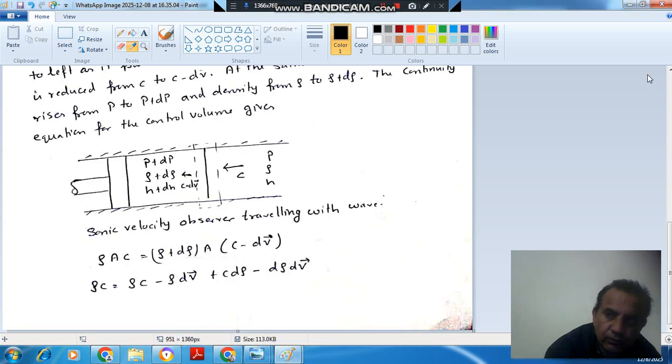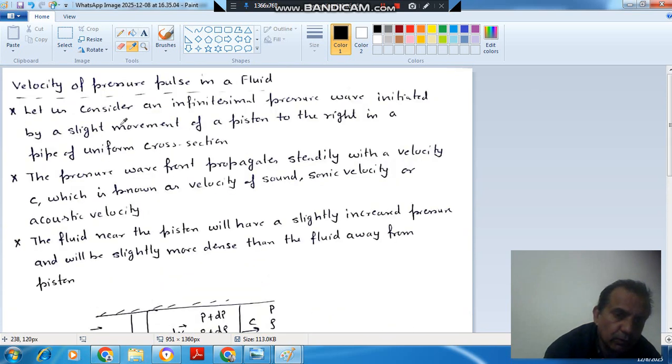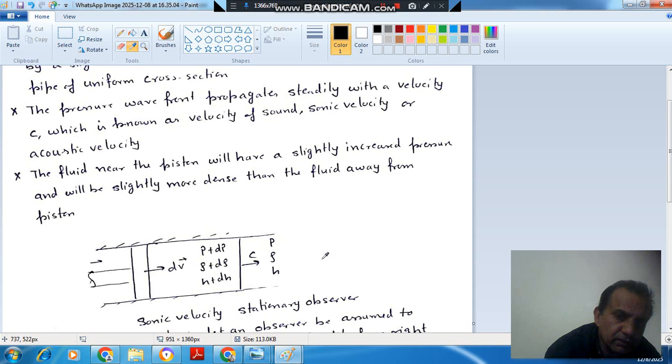I will read this out for you. The topic is velocity of pressure pulse in a fluid. Let us consider an infinitesimal pressure wave initiated by a slight movement of a piston to the right in a pipe of uniform cross section.